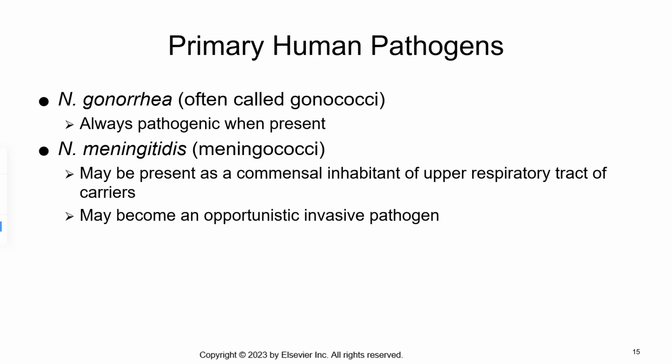N. gonorrhoeae, often called the gonococci, is always pathogenic when present. N. meningitidis, or the meningococci, may be present as a commensal inhabitant of the upper respiratory tract of carriers and may become an opportunistic invasive pathogen. Commensal means that it simply exists without causing harm or benefit.